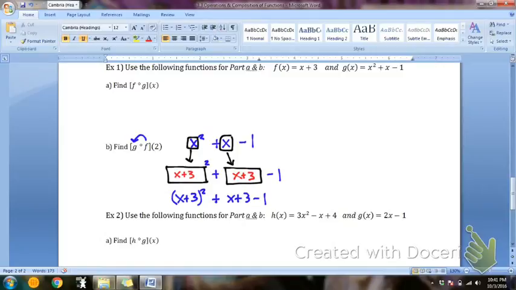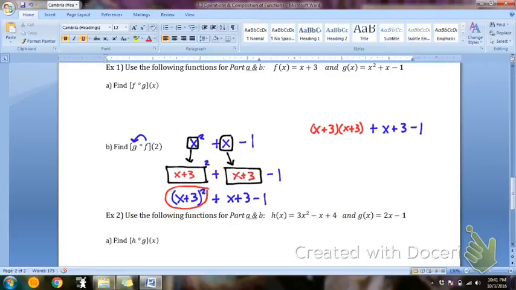Alright, before we can combine like terms, let's think about what this means when you square it. X plus 3 squared means what? X plus 3 squared, remember, is x plus 3 times x plus 3. Then I still have the plus x plus 3 minus 1. So why don't you go ahead and take care of the x plus 3 times x plus 3. You can either box that, or FOIL that, or use the distributive property, whichever one you would like to.